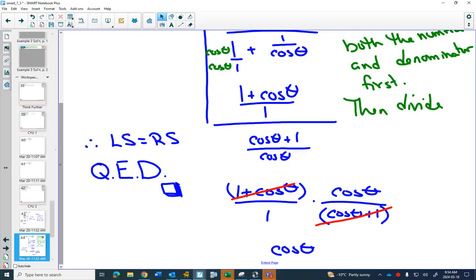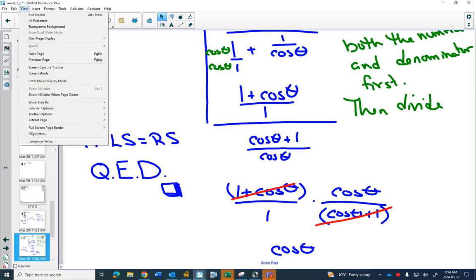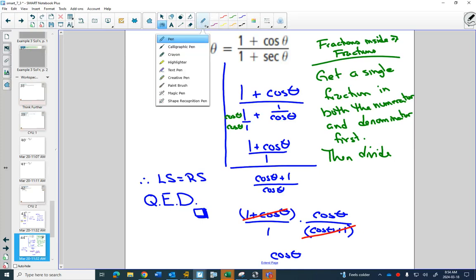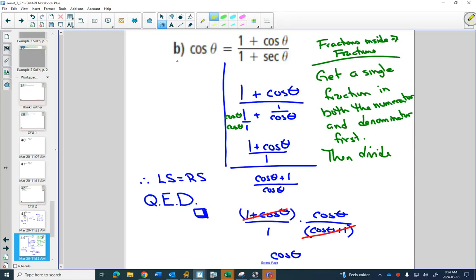Now, I'm going to zoom so we can see the whole proof. I'm going to take out my highlighter and look at all the places I am dividing.